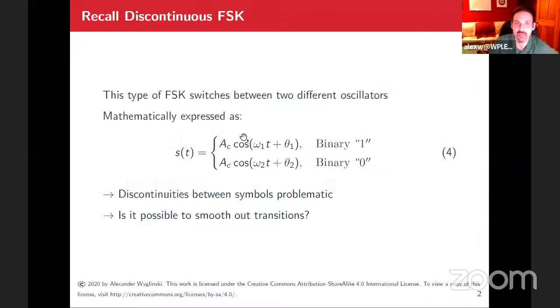So remember that. Discontinuous FSK is bad when we have discontinuous symbols, as we just saw. Can we smooth out those transitions? Is it possible? Is there a way?